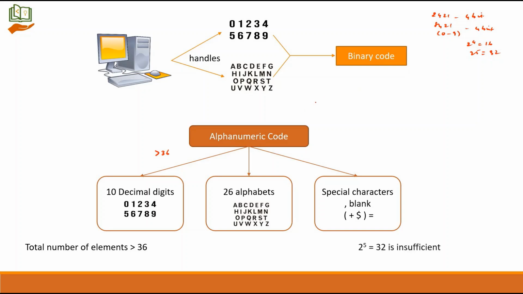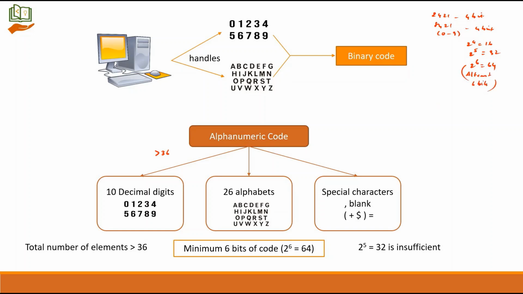That's why we say 2 power 5, which is equal to 32, is insufficient for storing this alphanumeric code. Then how many bits are we going to consider? We will take a minimum of 6 bits of code. 2 power 6 is 64. It is greater than 36, and an alphanumeric code must be at least 6 bits so that you can represent all the characters.